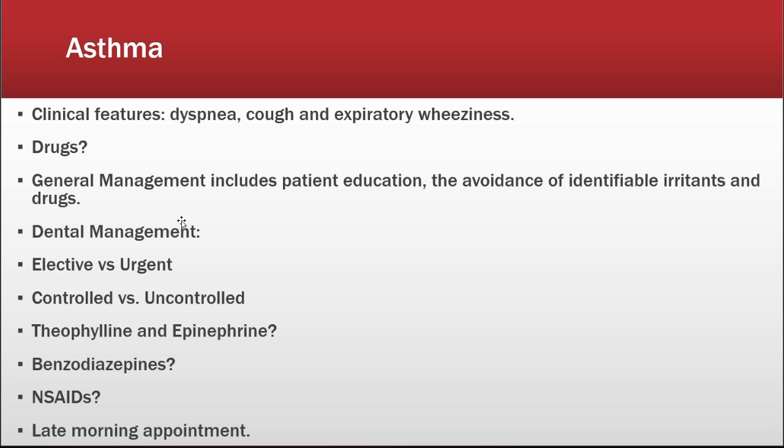We delay, defer, send him back to his pulmonologist, and then he comes back to us. If it's controlled and elective, we can do the procedure. If it's controlled and urgent, we can do the procedure. If it's uncontrolled and urgent, here we can do some modifications.